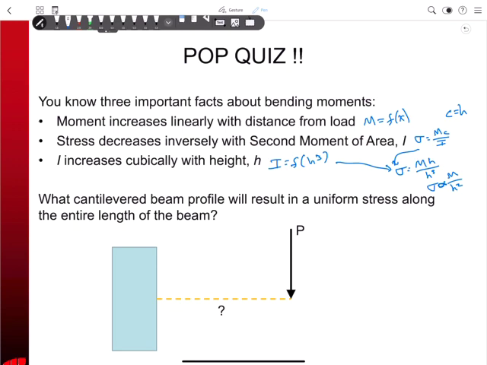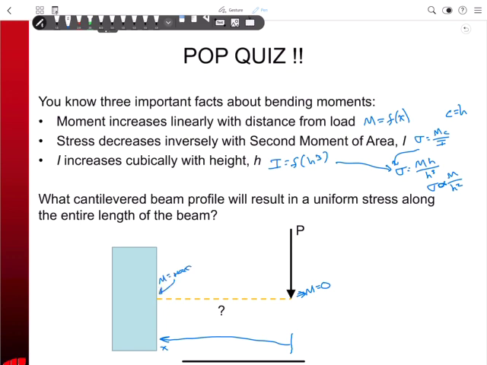So here's the pop quiz. What cantilevered beam profile will result in a uniform stress along the length of the beam? I'm going to draw a coordinate system here. I'm going to say that this is x that way, and I know that the moment is 0 here. So M equals 0 there, M equals max there.